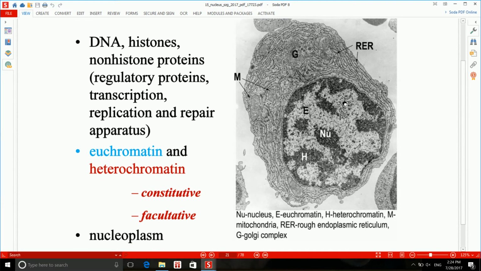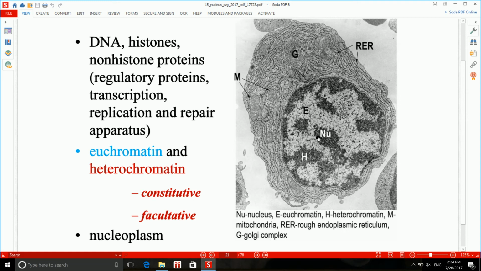euchromatin is transcriptionally active, whereas heterochromatin is transcriptionally inactive, which means that when genes are getting transcribed, out of these genes we will have mRNAs after transcription, and these mRNAs will go to the cytoplasm and then will be translated to proteins.